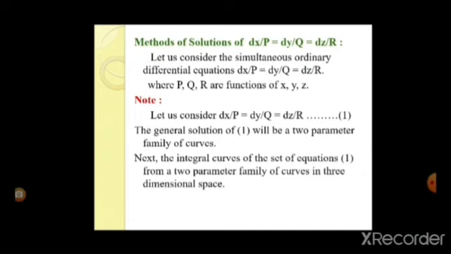Next, the integral curves of the set of equations 1 form a 2 parameter family of curves in 3-dimensional space. We are discussing partial differential equations in 3-dimensional space.